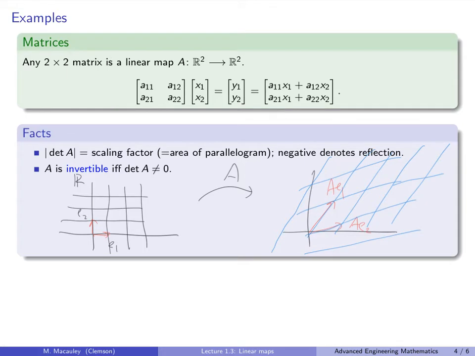Now, you can determine the image of every vector just based off of this grid. So for example, this vector right here, let's call this v, this is 2e1 plus e2. Where does that get sent? I'll come over here and go two steps in the e1 direction and one step in the e2 direction, and you get up here. So this is A times v.